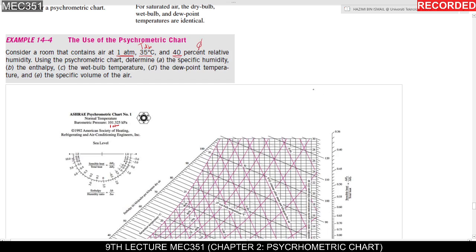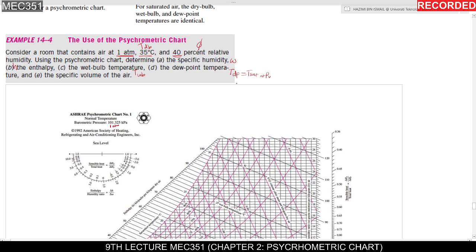relative humidity. So using the psychrometric chart, determine A, the specific humidity. So the question wants you to find the omega. B, the enthalpy, h, and the wet bulb temperature, TWB. And finally, the dew point temperature, TDP, also equal to Tsat at PV.